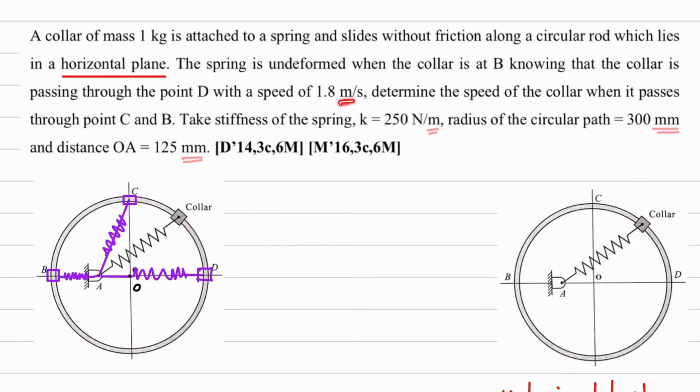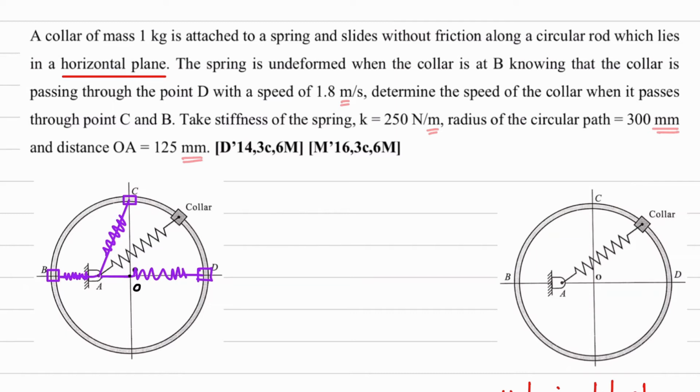Velocity or speed has the unit meter per second, and the stiffness of the spring is Newton per meter. So here we have meter. But the radius of the path is in mm, and distance OA is in mm. So we have to use one distance unit only. I will be using meter everywhere while solving the numerical.